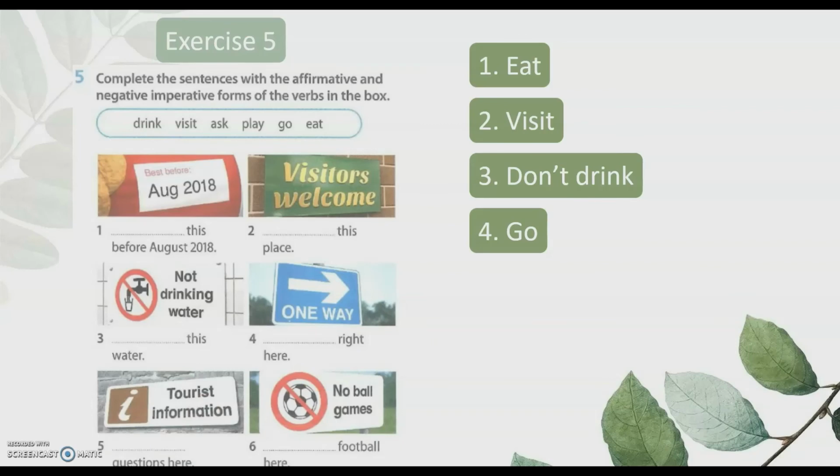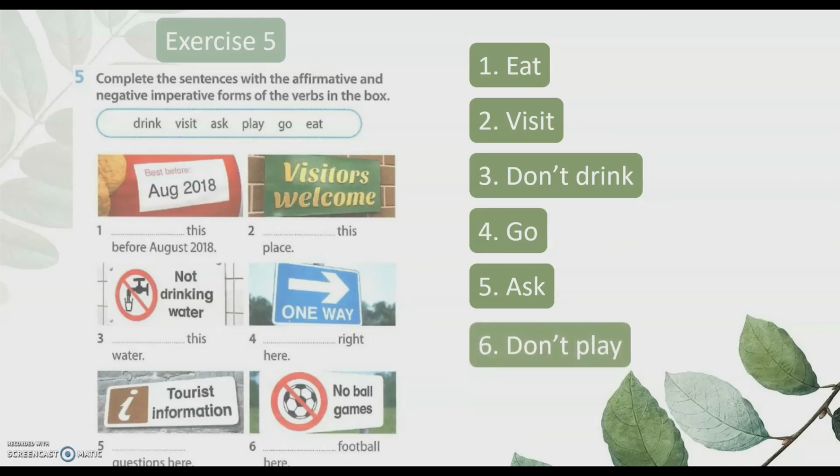For questions, we usually use what? Ask. Ask questions here. Number 6 is no ball games. The picture is no ball games, so it should be negative. So, don't play football here.